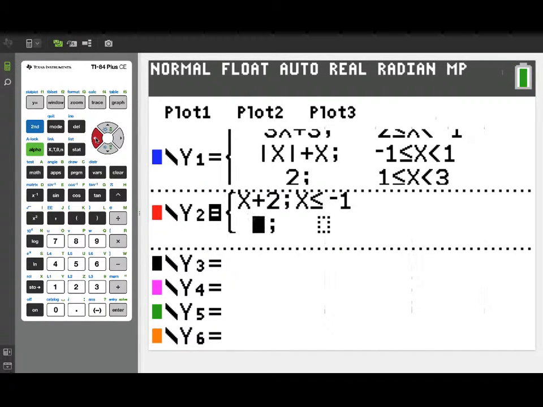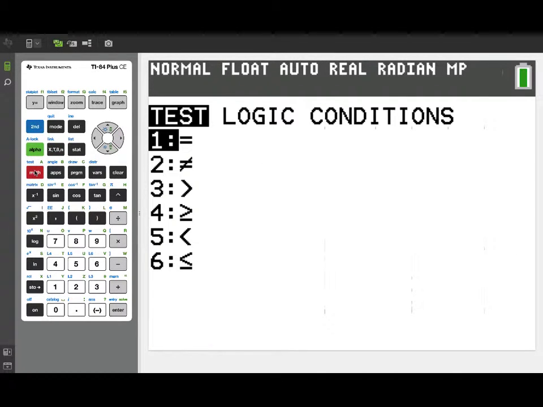So I go down to the second formula, and let's make this formula equal to, let's say 3 minus 2x. And once I've got that formula, we'll need to enter the values for x for which that formula will hold, and that'll be the values of x that are greater than -1.